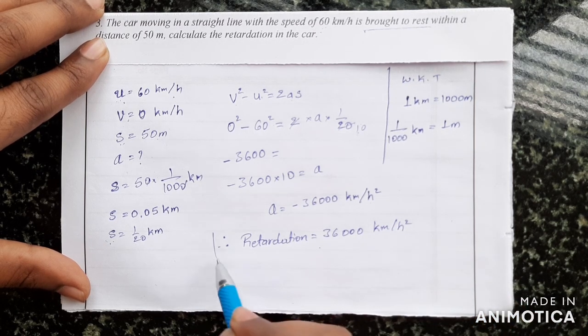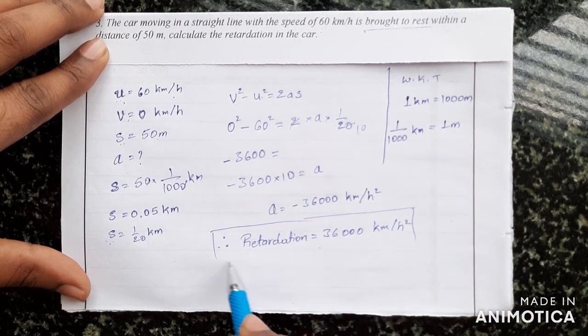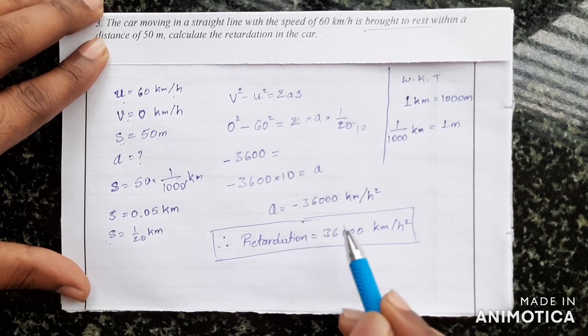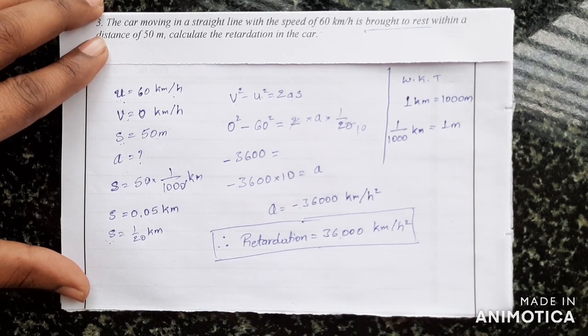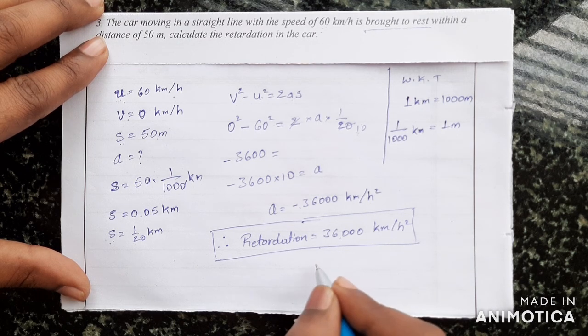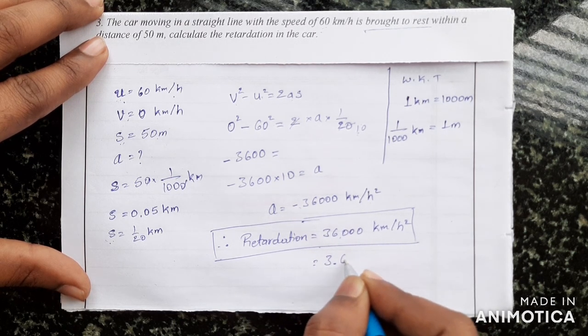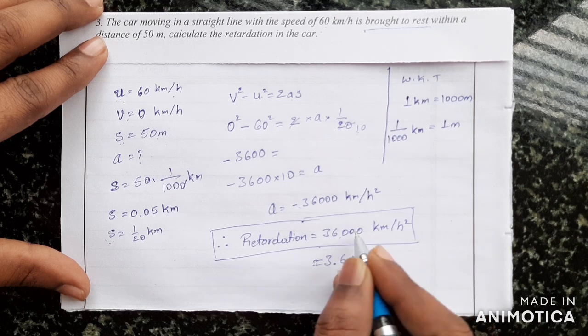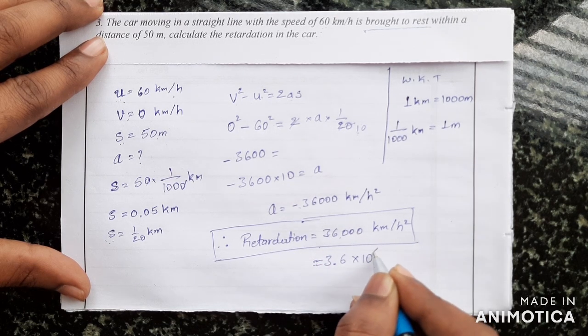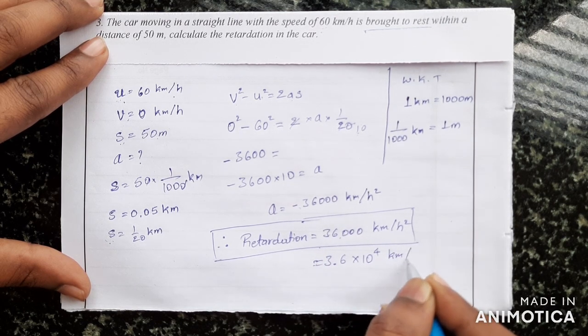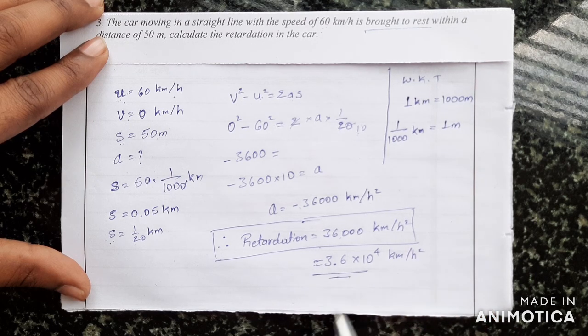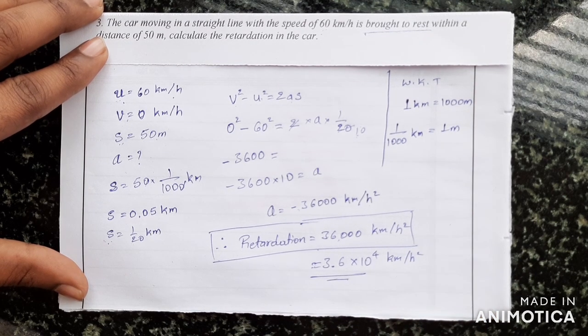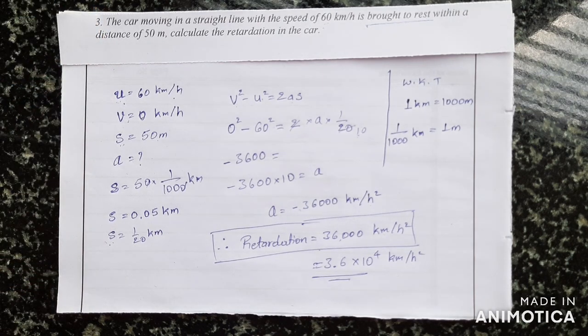When we write the retardation, we should neglect the negative sign and write the rest, 36,000 kilometer per hour square. One more way to express this is 3.6 into 10 to the power of 4 kilometer per hour square. Both are same. Okay, that's it. Very easy question. It's all about conversions, which you should be careful with. Rest everything will fall in the way.